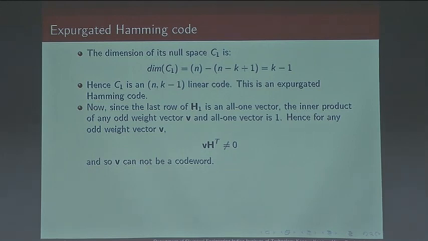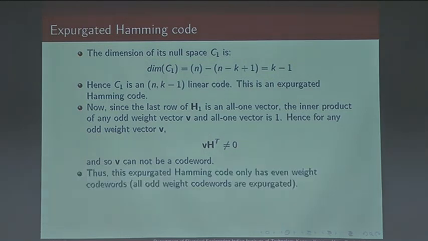This new code will only have even weight vectors. Earlier the minimum distance was 3, that is the minimum weight of the code. Now, we already threw away all the odd weight code words, so the minimum distance would be 4.